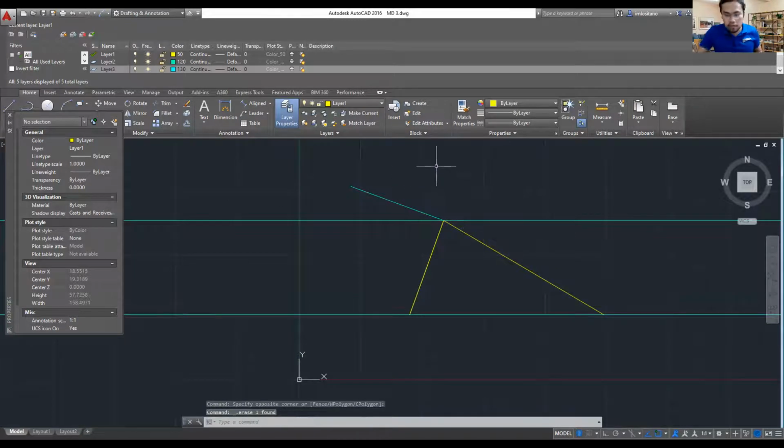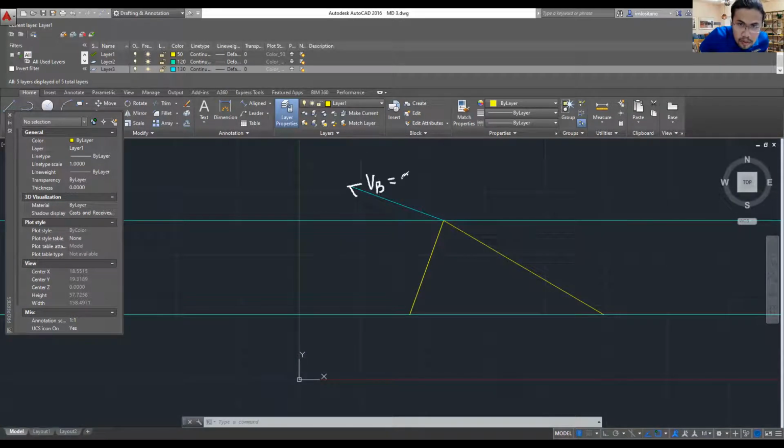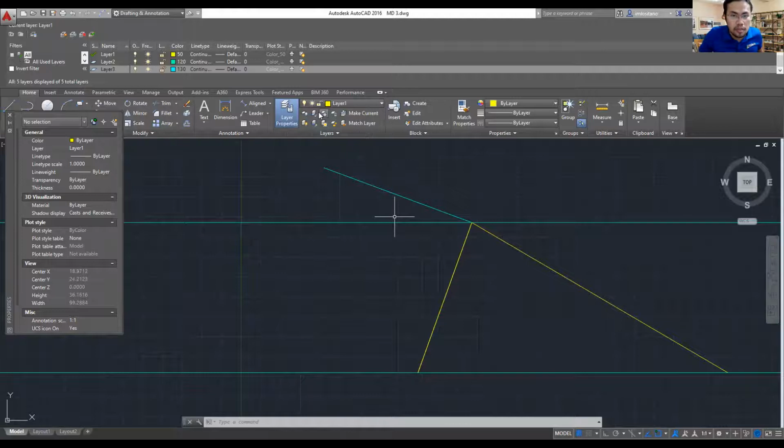So this is now V sub B, at 20 centimeters per second. Let's see if it's consistent. It should be, but let's just check that later.